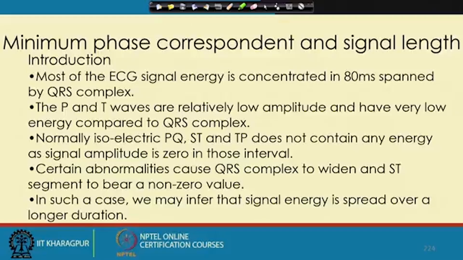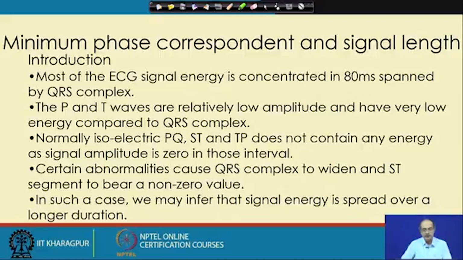So, if we look at that signal, what we can tell is that most of the energy of the ECG signal is located in the QRS complex, a small interval of it, and P and T are actually low amplitude and thereby have much lower energy. So, they do not give much input there, and the other segments like PQ, ST and TP do not contain any energy at all.